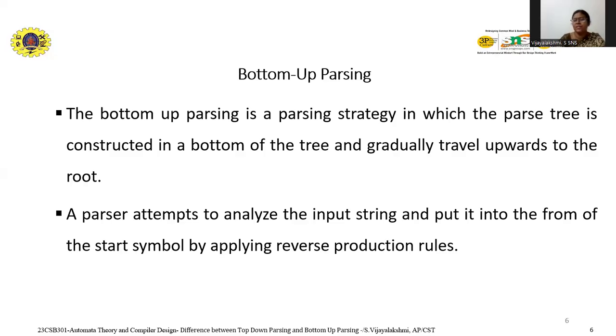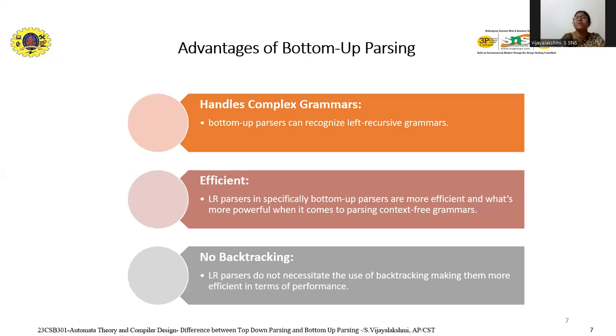Now the advantages of bottom-up parsing. It overcomes the disadvantages of top-down parsing. That means it handles complex grammars, it is very efficient, and needs no backtracking. Handling complex grammars means it recognizes left-recursive grammars.